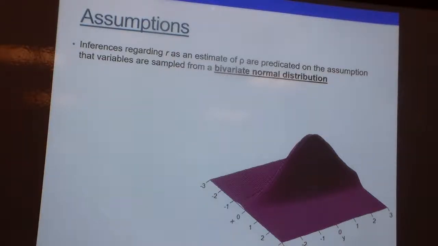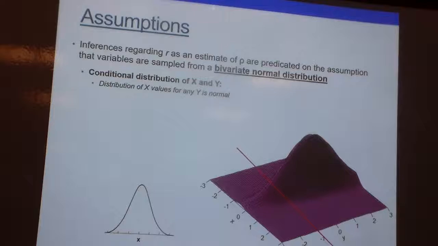But if we're talking about three-dimensional space right here, think about this as a surface where we're assuming a conditional distribution of X on Y, such that the distribution of X values for any individual value of Y is going to be normal. And so if we take a line and bisect this three-dimensional plot and look at that cross-section, for values of Y equal -1, we get a normal distribution of X's.